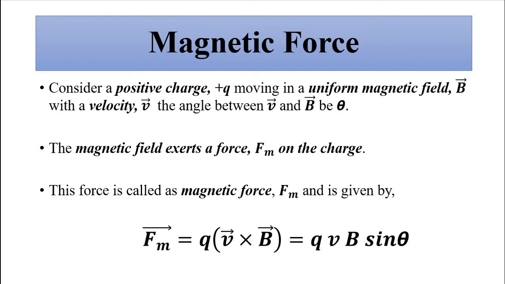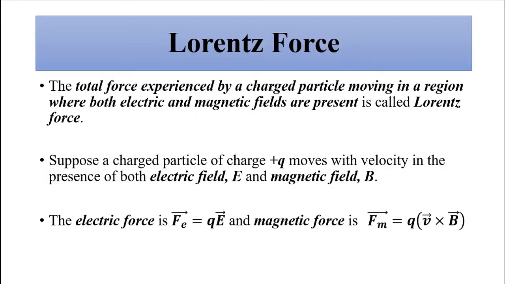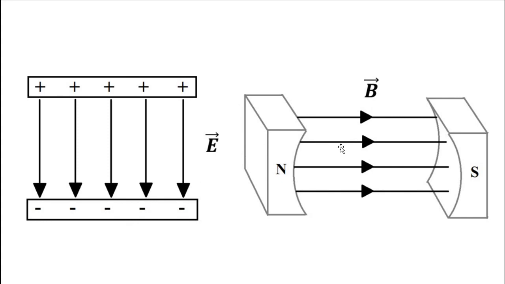So we just introduced that concept here, and this is the expression of the Lorentz force, which arises because of movement of charge in the presence of both electric and magnetic field. This concept will come into play in our discussion related to the operation of electrical machines. At that point, I will simply refer you to this video to refresh your concept.